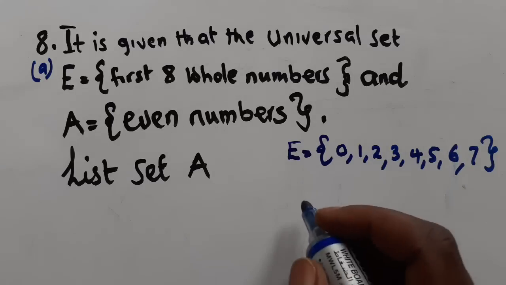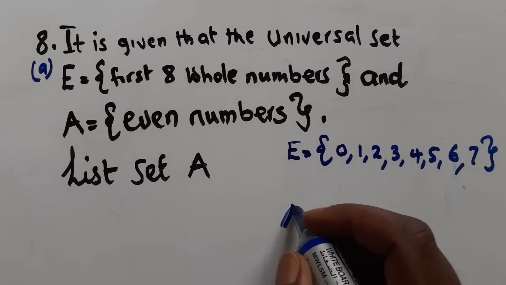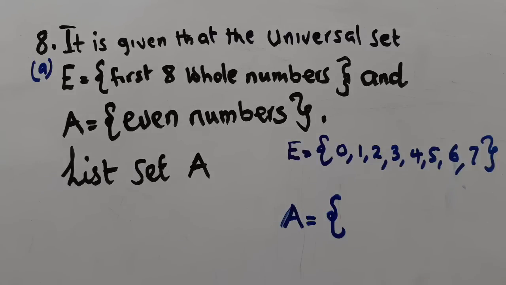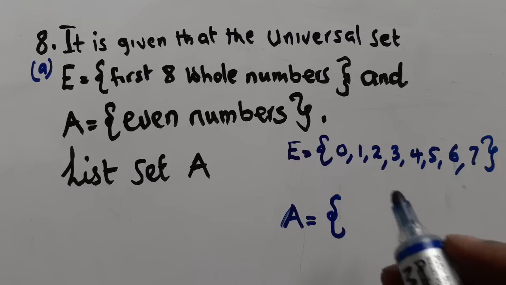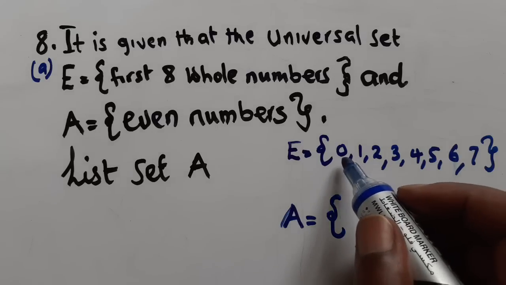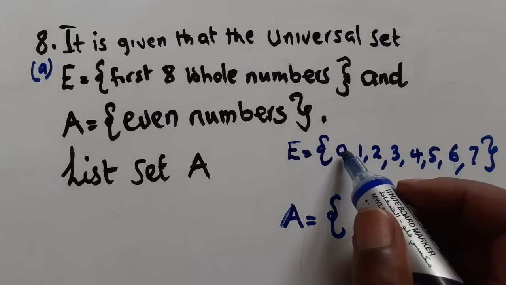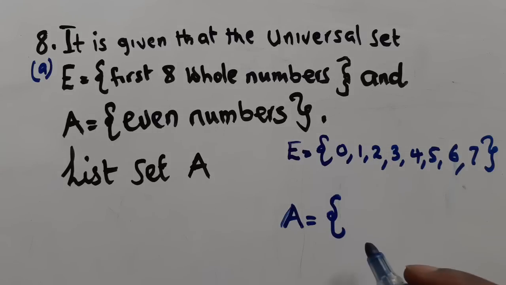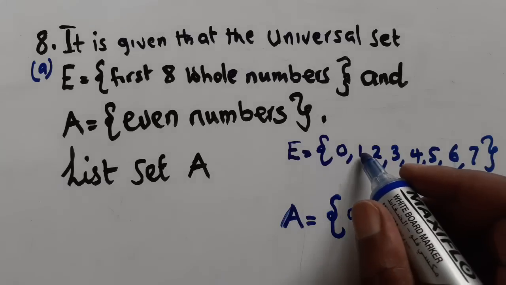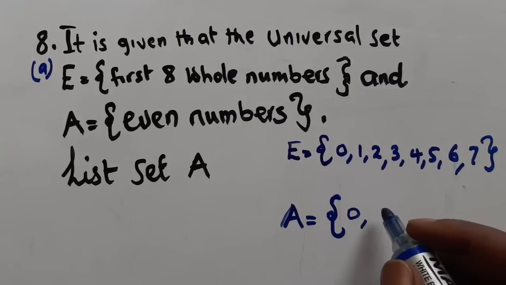Then what is an even number now? An even number is a number that is divisible by 2. When we start from 0 here and divide 0 by 2, we get 0. So, 0 is an even number. 2 can't go into 1. 2 can go into 2.